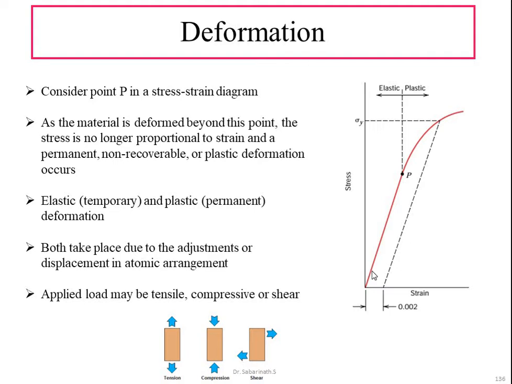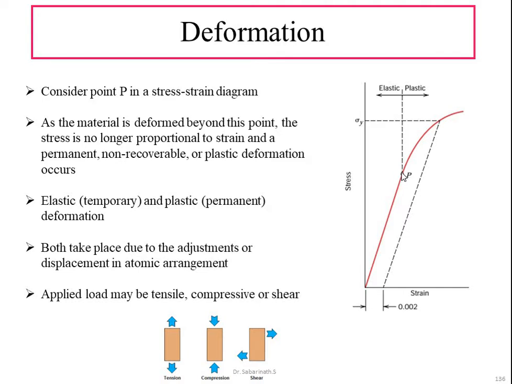Now let us see, when a force is applied, the deformation will happen and it will go on increasing, and at a certain point it will be there. I will come to this point later. The point P is known as the elastic limit, or the limit of proportionality.